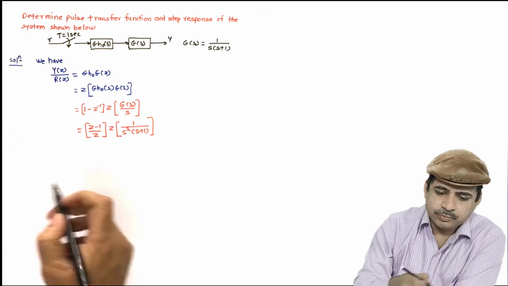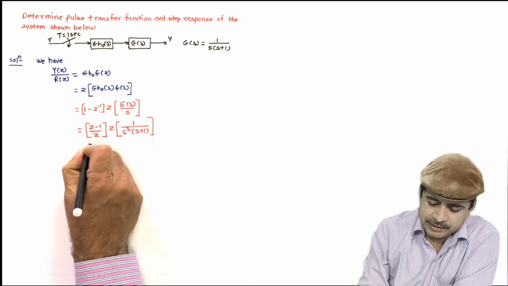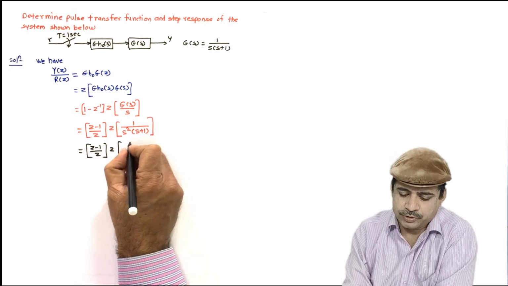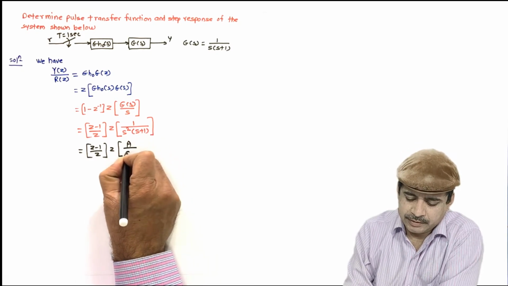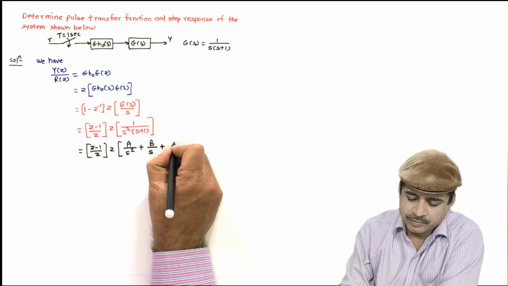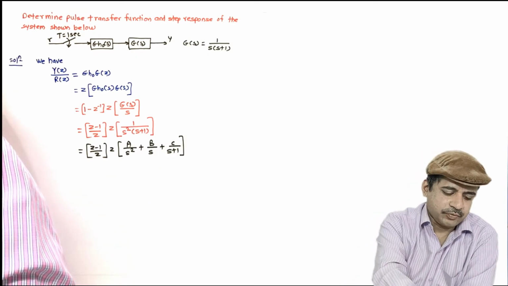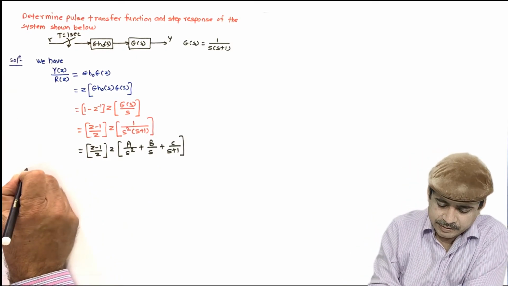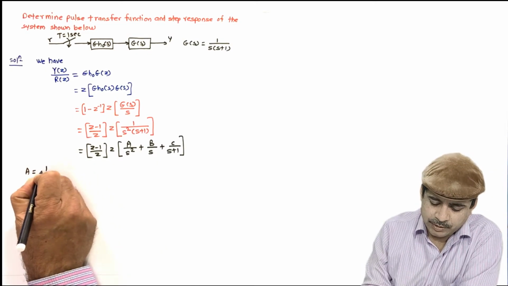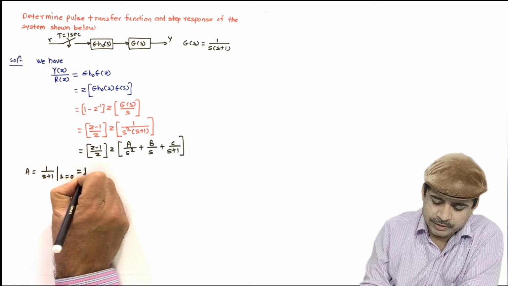So that is equal to z minus 1 by z into z transform of, let us go by partial fraction approach, so A by s square plus B by s plus C by s plus 1. So let us find out A, B and C. A is equal to 1 upon s plus 1, keeping s equal to 0, that is 1.